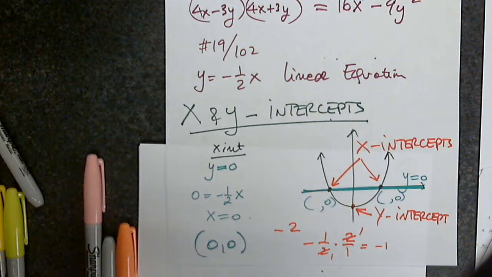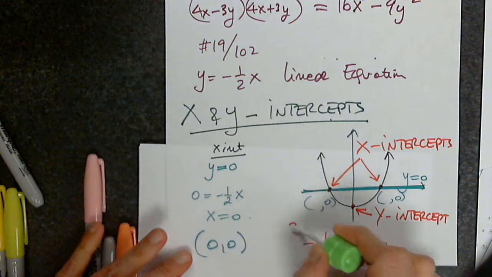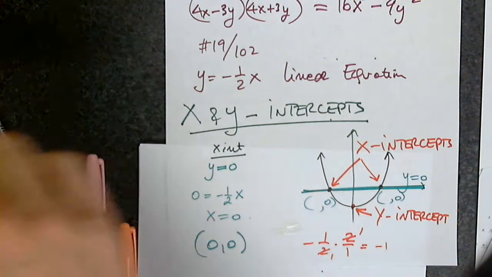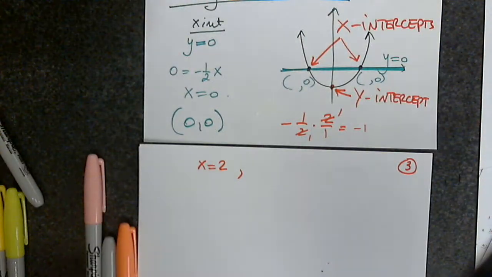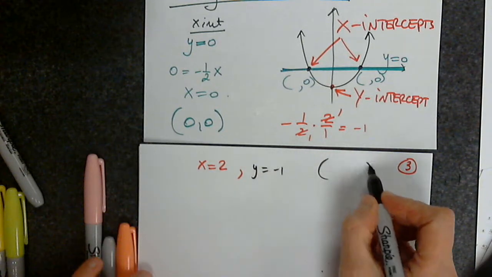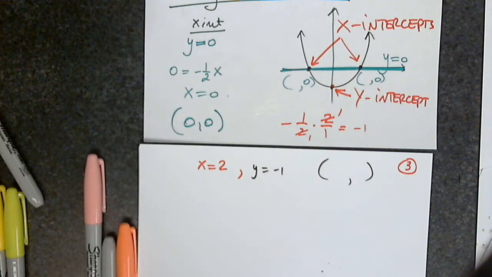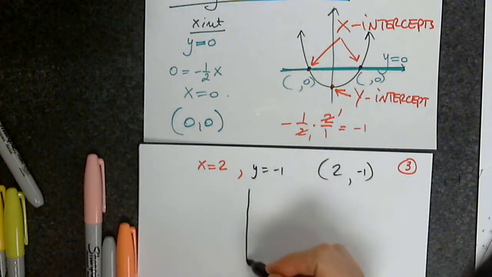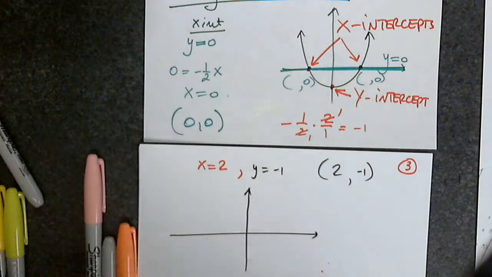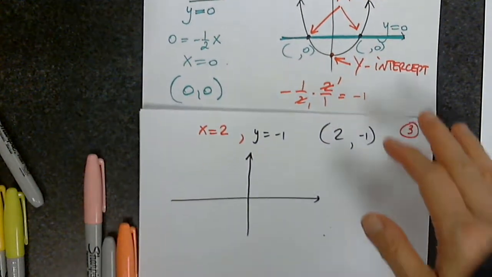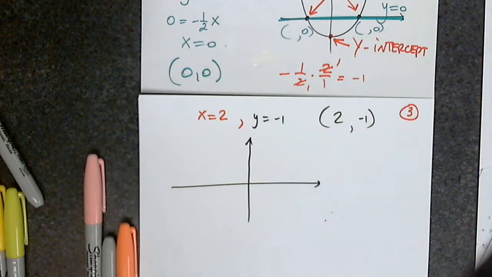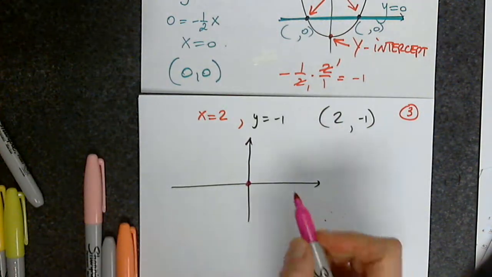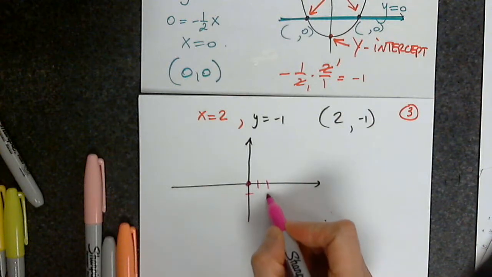So when x is 2, y is negative 1. What is the ordered pair that we just determined at this stage? That's all I need. The first ordered pair I plot is 0, 0. The second ordered pair I plot is 2, comma, negative 1.